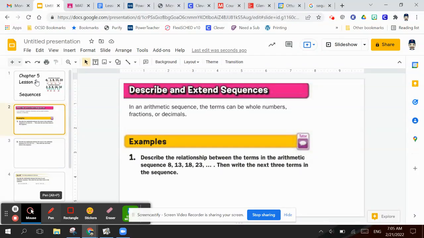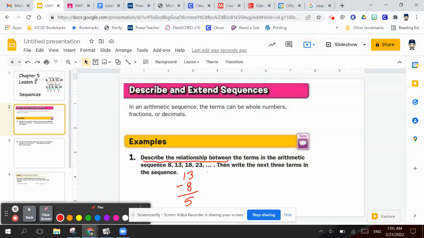So when it talks about describe the relationship, it wants to know what is happening. What are we counting by in an arithmetic sequence? So what I do is I always take the first 2 numbers. So I have 8 and 13. So I take 13 minus 8, and I get 5.